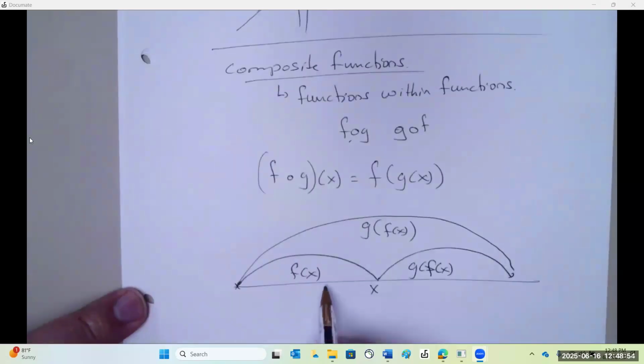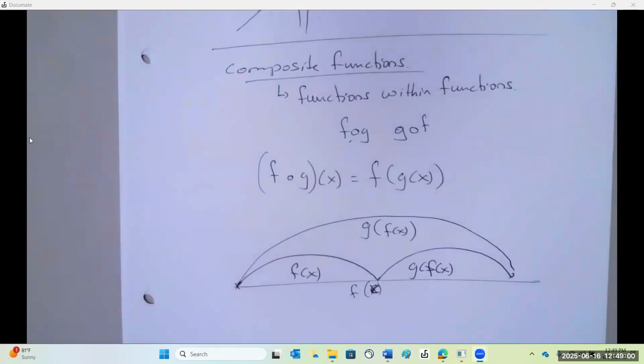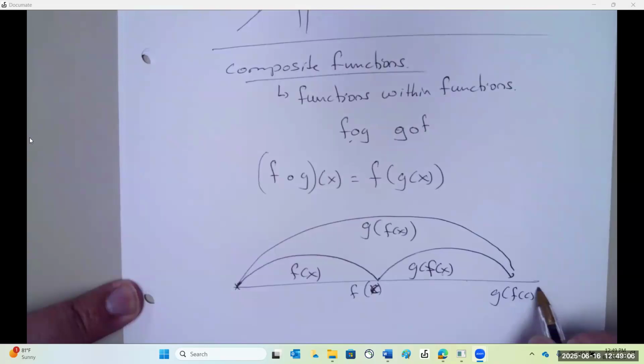So if g is continuous at c, then we have g of c. And if f is continuous, then we have f of g of c.